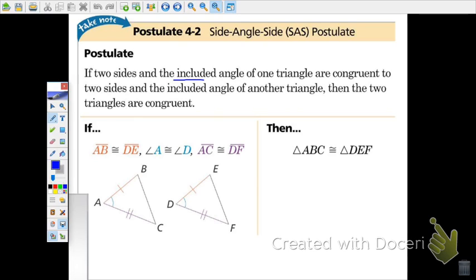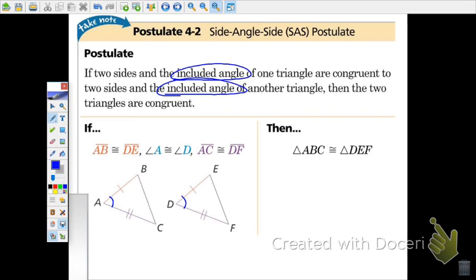Based on the 2 sides that are known to be congruent, it has to be the angle between those 2 sides, or formed by those 2 sides. The 2 sides form angle A. The 2 sides form angle D. So it has to be that included angle between the 2 sides. That's our side, angle, side postulate.